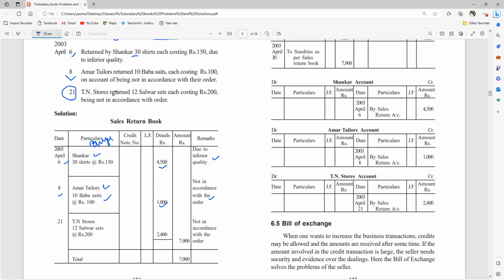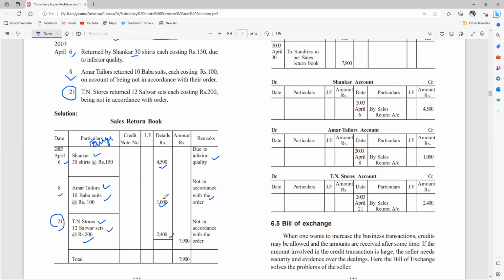On 21st, TN Stores returned 12 salwar sets, each costing rupees 200, being not in accordance with their orders. On 21st, TN Stores returned 12 salwar sets. Each set costs rupees 200, 12 into 200, 2,400 rupees.